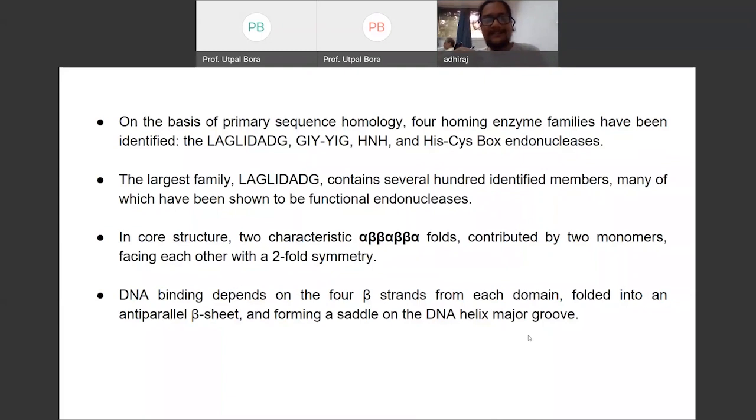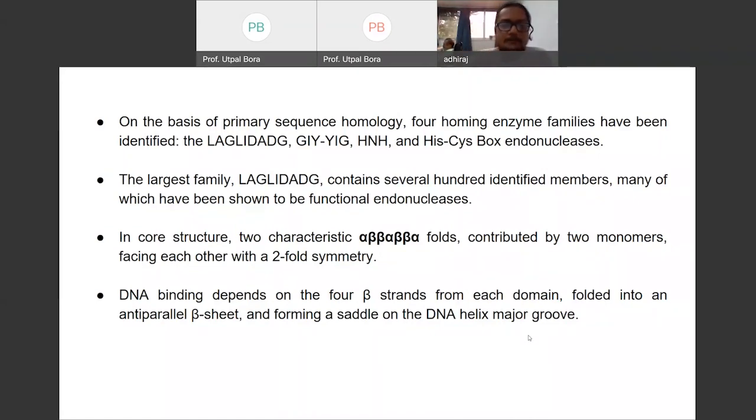As Sir said, it forms a saddle. A saddle is like what we put on a horse, that we ride on. So that thing which gives a structure is called a saddle. What happens is these beta sheets go and bind to the DNA in between, and that's how it stabilizes. We'll see the structure in the next slide.